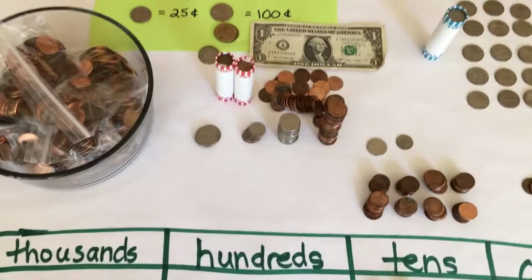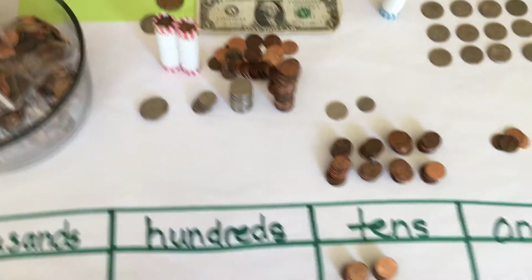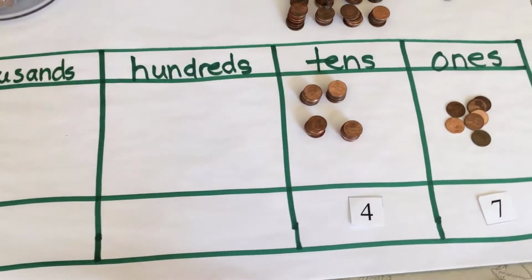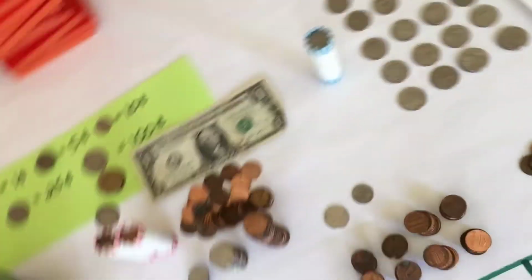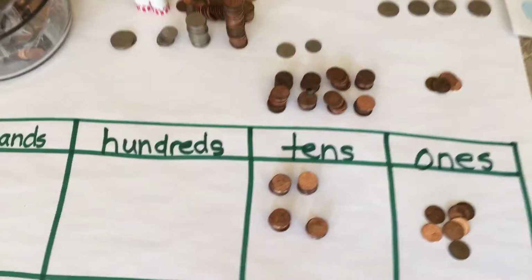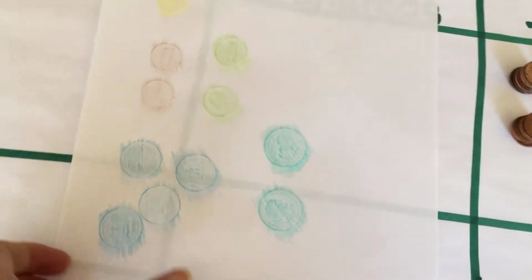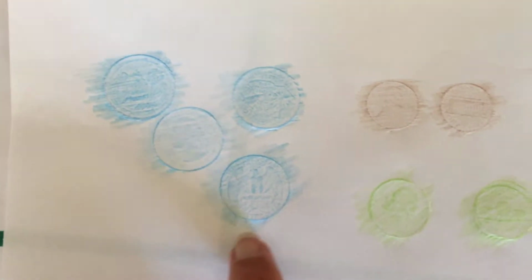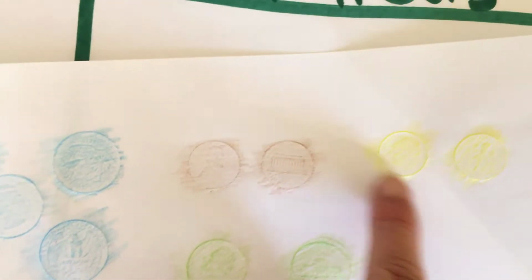Another activity that I like to do is, how many different ways can you make a quarter? With dimes, nickels, and pennies, find all the different ways to make a quarter. I've also pulled out a bunch of quarters, all different states, different designs. As we're working with the money, what I like to have the kids do, and here's an example, is put the coin underneath, lightly go over it with colored pencil, and then they can see the outlines of the coin.